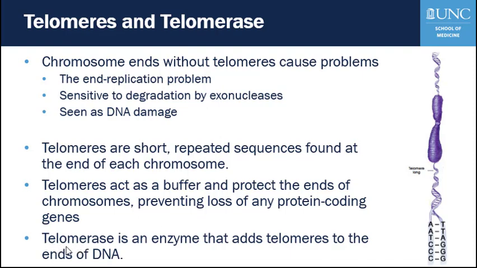And so this opposes the loss in telomere sequence due to that end replication problem. So in other words, the eukaryotic cells balance the loss of telomere sequence due to the inability to complete replication to the end, with the addition of new telomere repeats through telomerase activity.